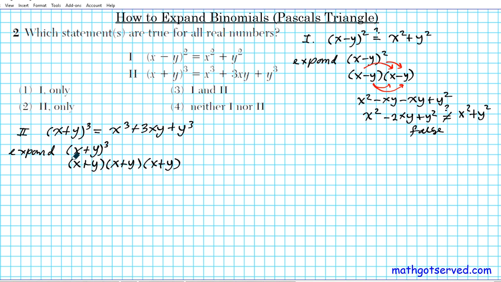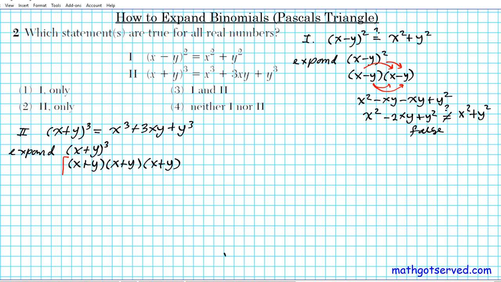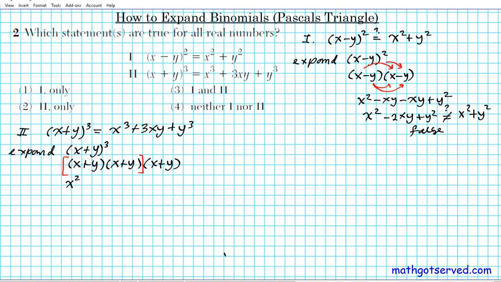Alright, so let's go ahead and carry out the multiplication. We'll do it 2 at a time. We are going to multiply the first 2 first and then multiply the resulting product by the last binomial. So when we follow first, outer, inner, last, we're going to have x squared plus xy plus xy plus y squared, times x plus y.